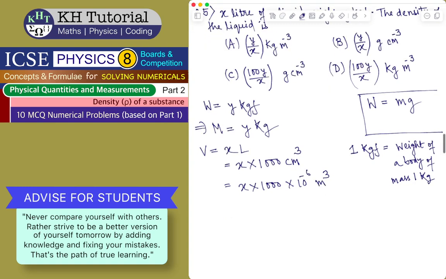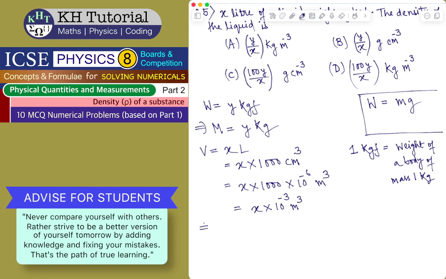So I have expressed the given volume in meter cube, that is x liter is equal to x multiplied by 1000 multiplied by 10 to the power minus 6 meter cube, and this is equal to x multiplied by 10 to the power minus 3 meter cube.